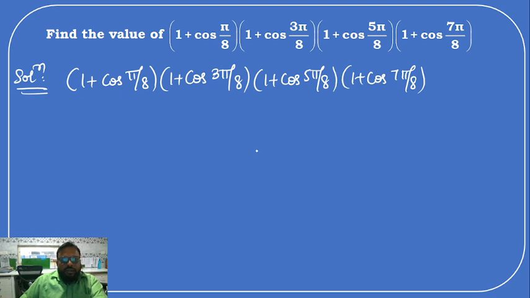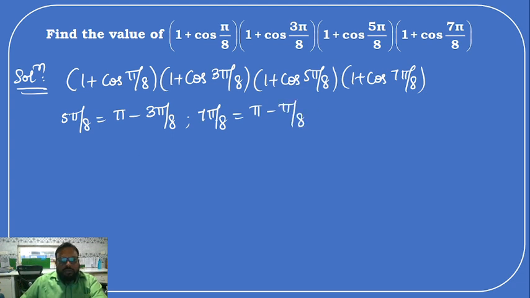What I will do is write 5π/8 as π minus 3π/8. Check it out: if I take the LCM, I get the same thing again. I'm trying to convert these angles into this form. Similarly, 7π/8 I can write as π minus π/8.